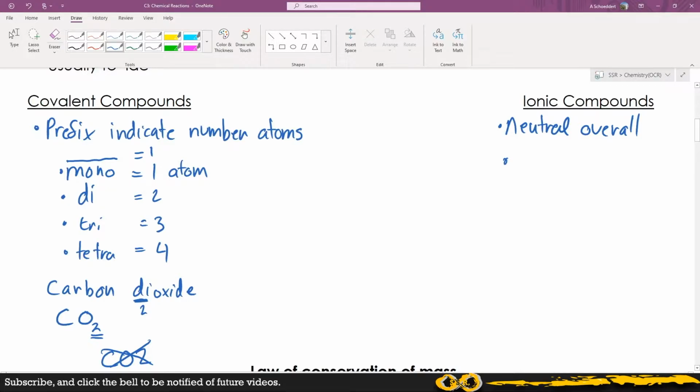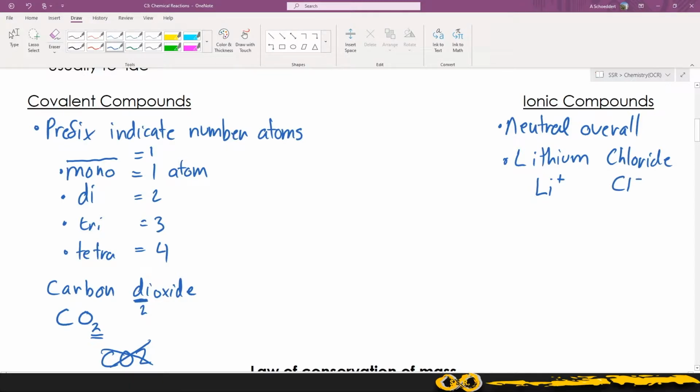If we look at lithium chloride, we know this compound has to be formed from two atoms, so we would find that lithium, being a group 1 metal, will have a charge of +1, and chlorine, being a group 7 or group 17, will have a charge of -1. That would mean that those two charges cancel out, and the formula would be LiCl.